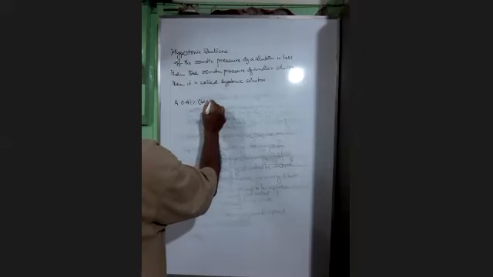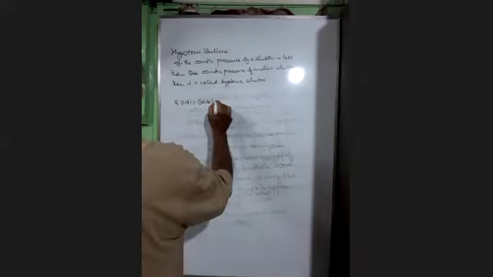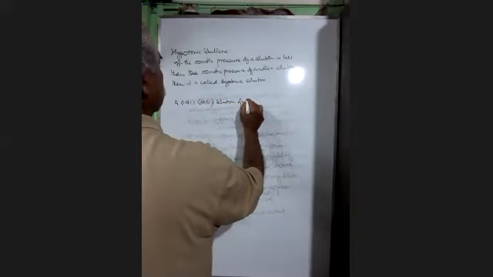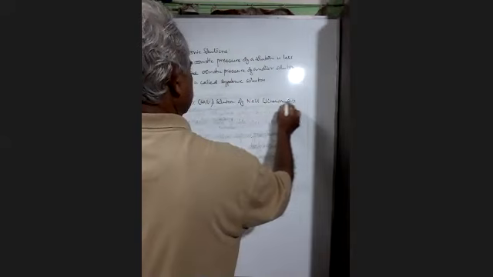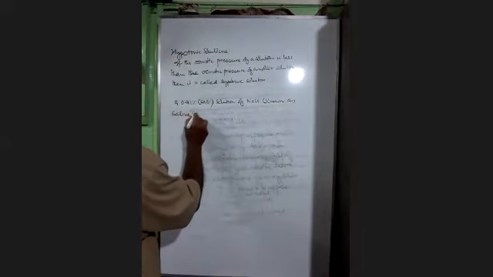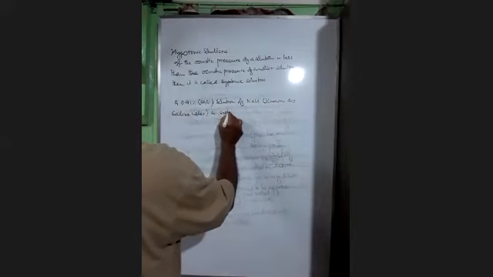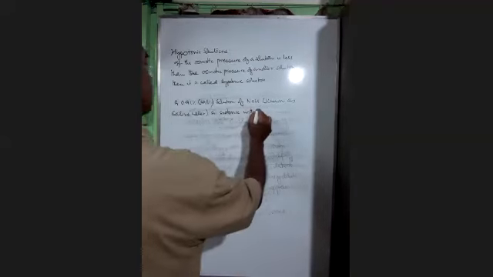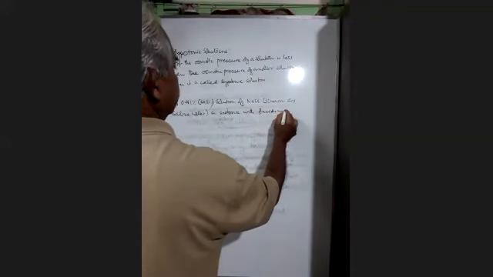A 0.91% mass by volume solution of sodium chloride, known as saline water, is isotonic with fluids inside the RBC cells.